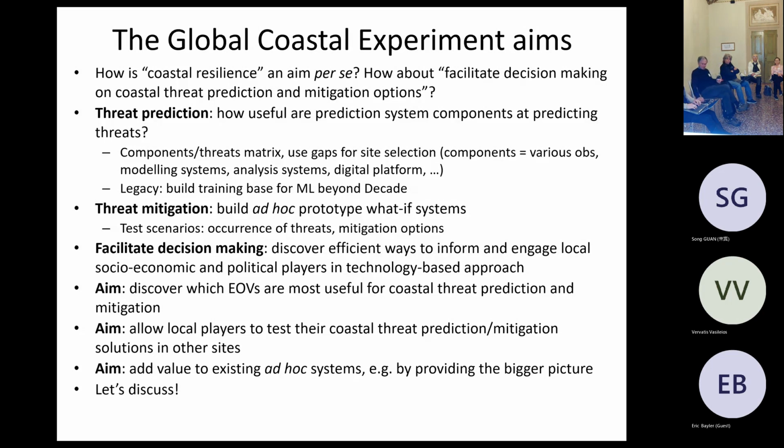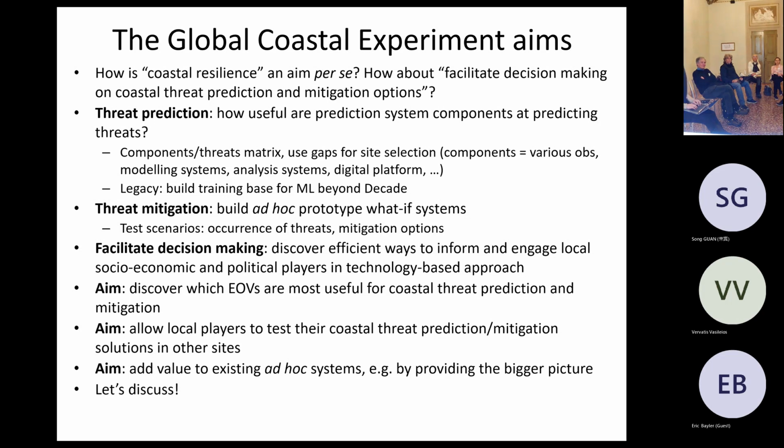How about something like facilitating decision-making on coastal threat prediction and mitigation options, and working towards facilitating the decision-making by having this experiment and showcasing some solutions and comparing, contrasting them. So that's one possible way of putting it. But coastal resilience by itself looks like probably too compact a goal to me and a bit cryptic. So let me go through all this and then we can have a discussion.